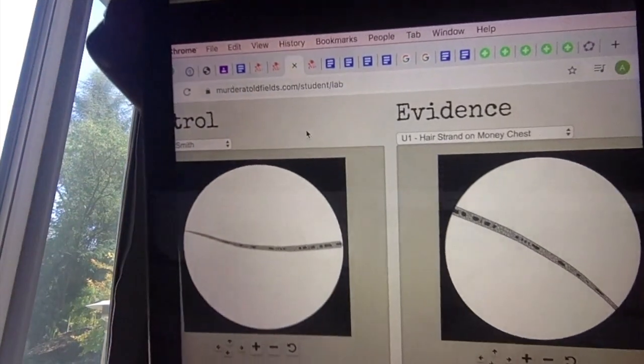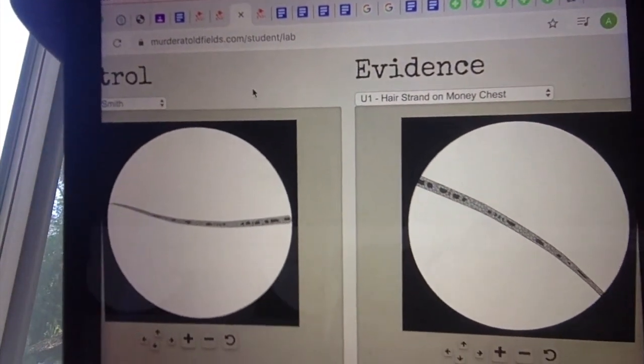Now I will show you how we compared the hair found at the crime scene to the suspects' and the victims' control samples of hair. The first hair sample we will be comparing is the control sample from Alexander Smith's head and one of the hair strands found on the money chest. These are the two compared side by side. They are comparable because they are both straight gray.